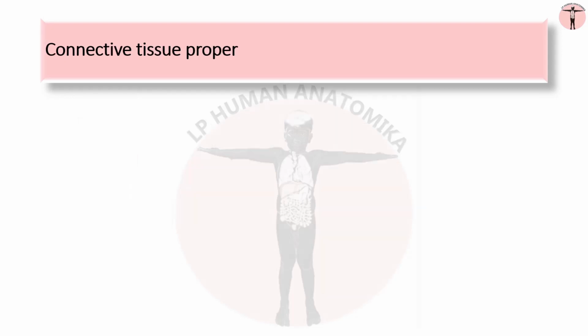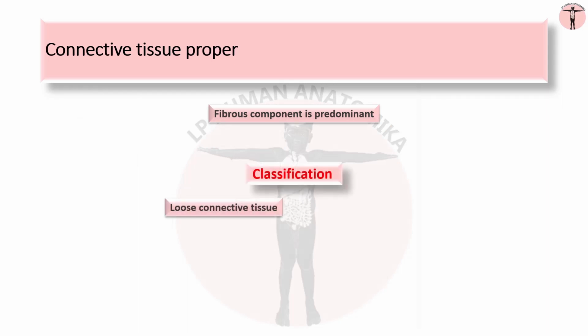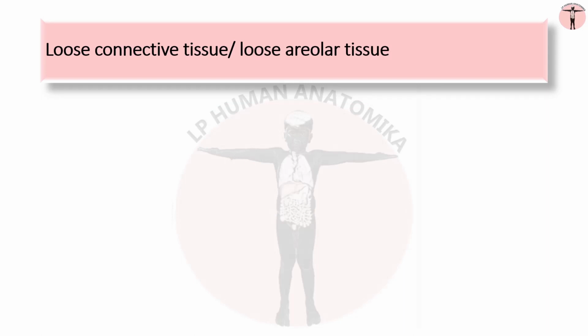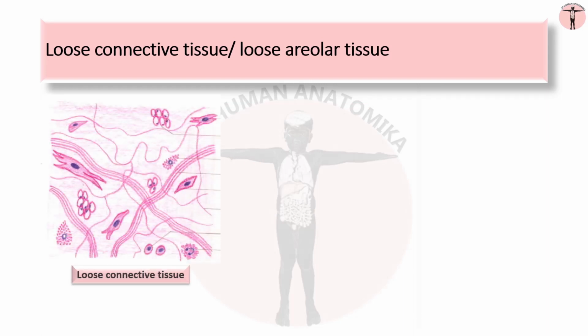Connective tissue proper includes those connective tissues in which fibrous component is predominant. Connective tissue proper is classified into loose connective tissue and dense connective tissue, which is further subclassified into regular and irregular dense connective tissue. Loose connective tissue or loose areolar tissue.